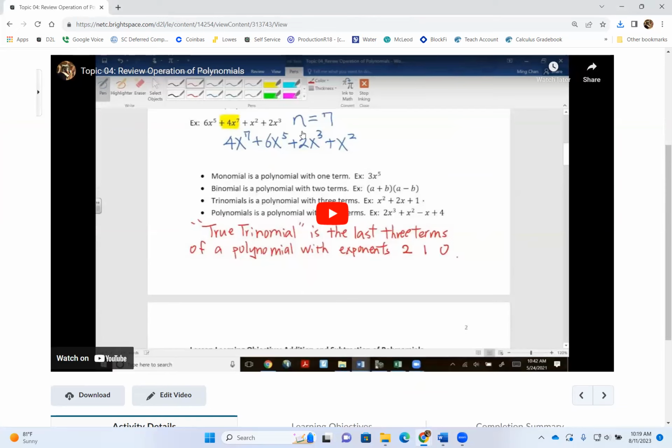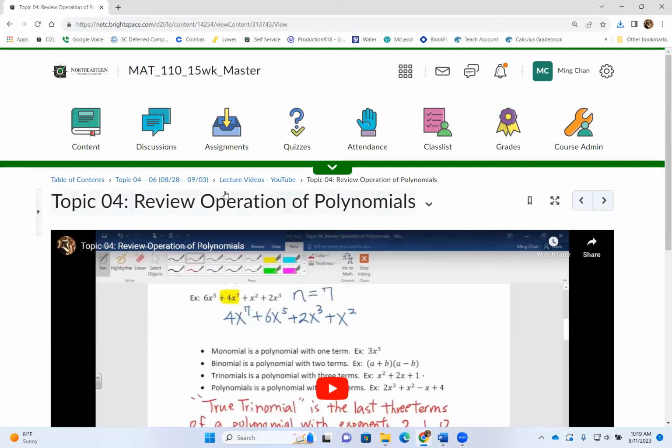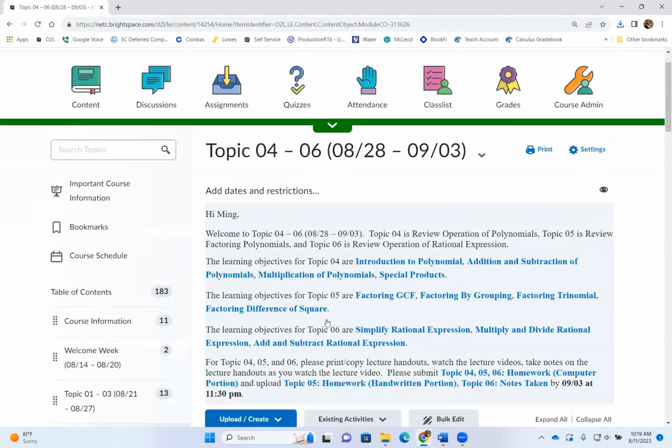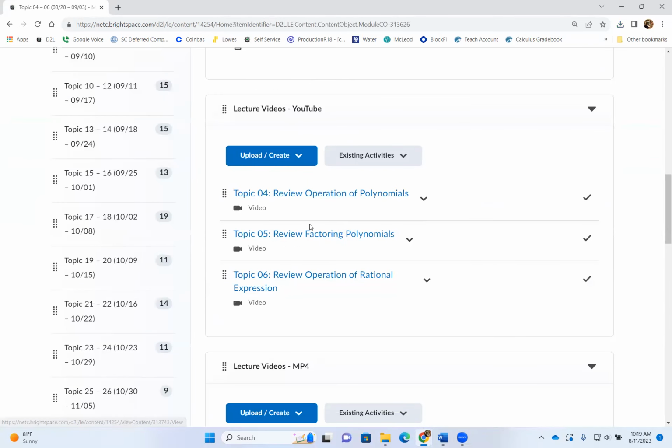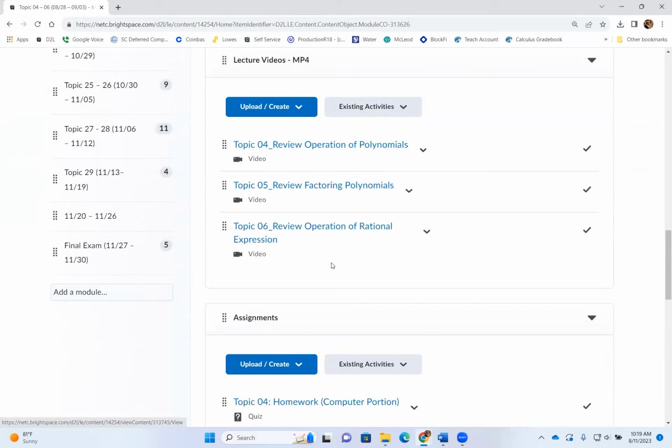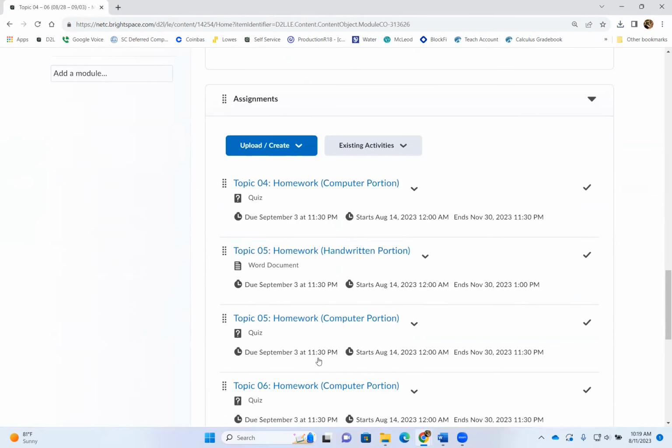As you watch these lecture videos, copy down whatever I wrote onto your lecture handouts. So every week, students will first print or copy down the lecture handouts and use the handouts to take notes. When you finish taking notes and watching the lecture videos, then you can work on your homework assignments.